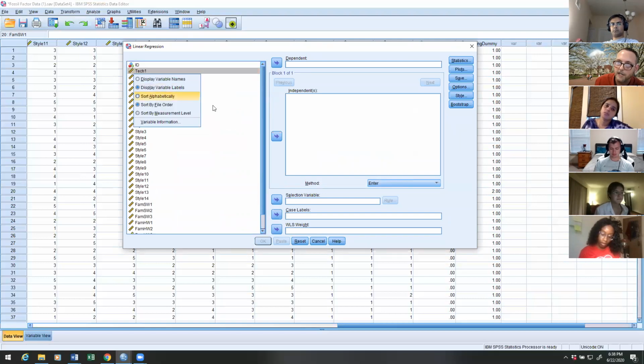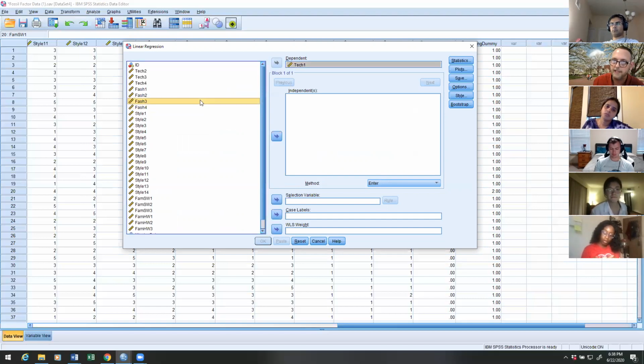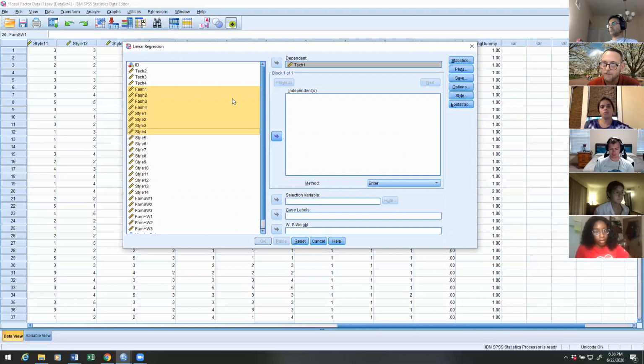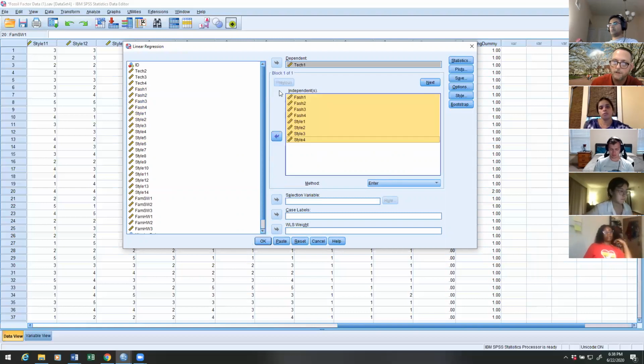So what I might do is take a variable and then select some of these other variables as examples. I'm going to use, I don't know, I'll use these 8, I guess. And you don't have to be too selective.